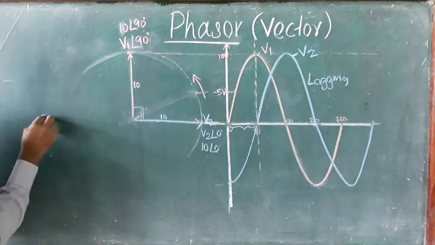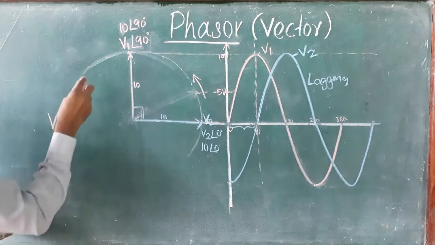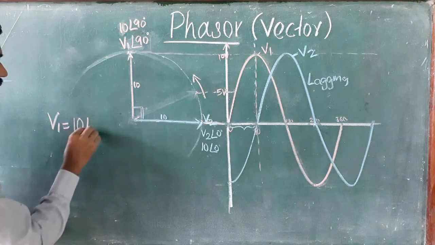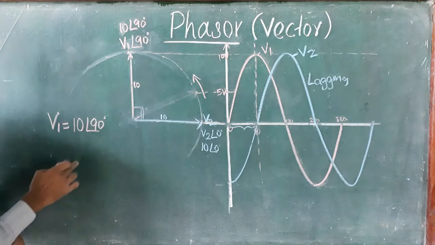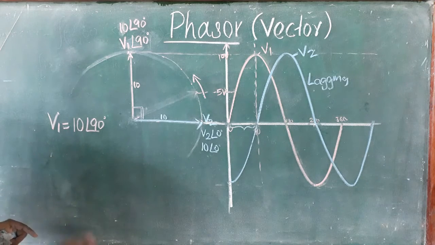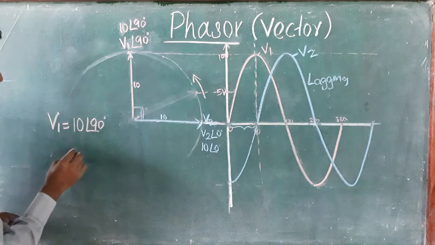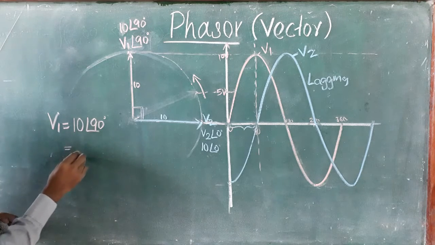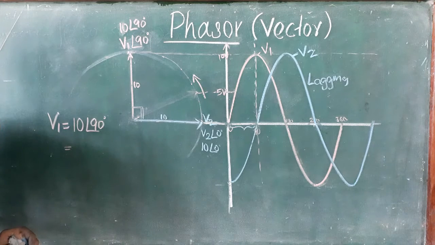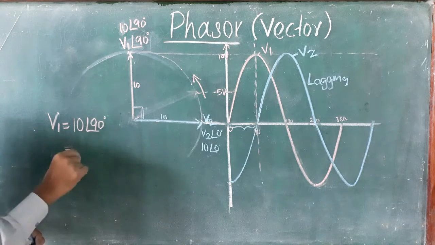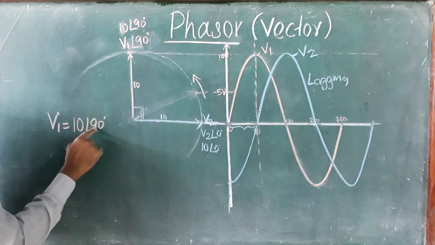V1 in polar form is 10 at an angle of 90 degrees. I am converting this into rectangular form. To convert to rectangular form, it is x plus yi. x is r cos theta, where r is 10 units and theta is 90.